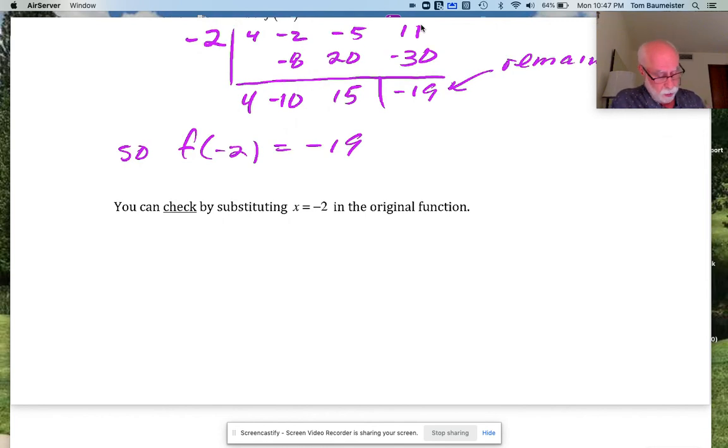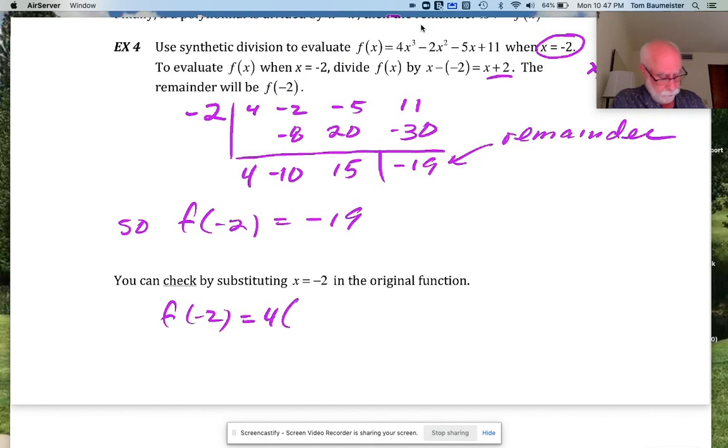So on this one here, you can always check by taking f of negative 2 and plugging it into the original equation. So again, wherever I see x, I'm replacing it with negative 2. And I've told you whenever I replace a variable, I put parentheses around it. And I have 4 times negative 2 cubed minus 2 times negative 2 squared minus 5 times negative 2 plus 11.